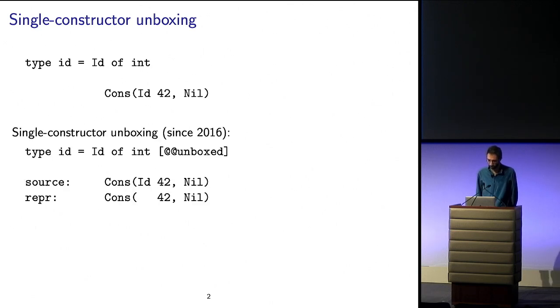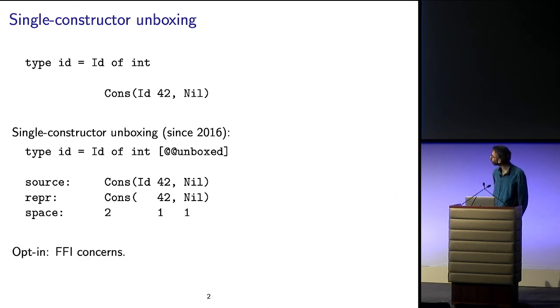So since 2016, we support this unboxed annotation that says, well, at runtime, you don't need to care about ID. So in the source, you still write the same thing, but in the data representation, the ID constructor is erased. And you can give a sort of space cost model for ML data types, where to store a value, constructors with parameters cost 2 words, and a constant like 42 and nil cost 1 word.